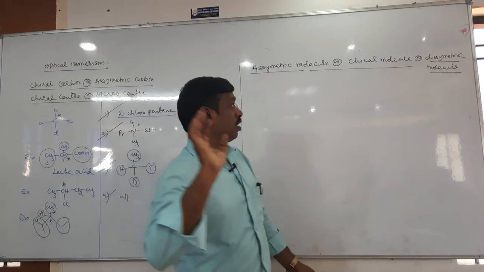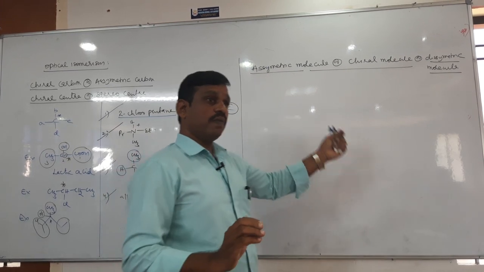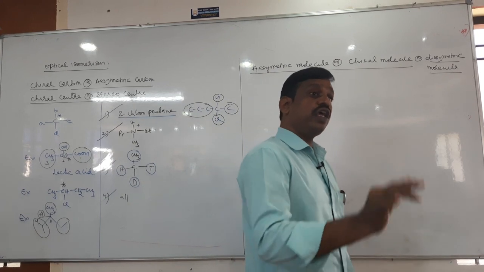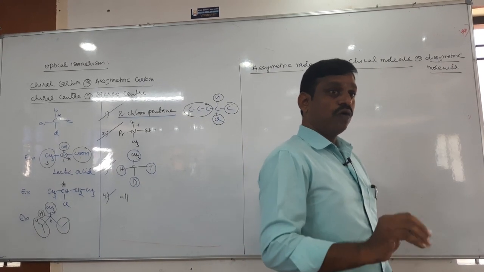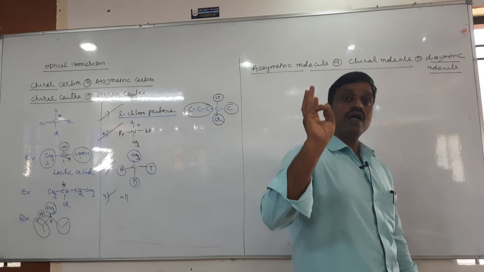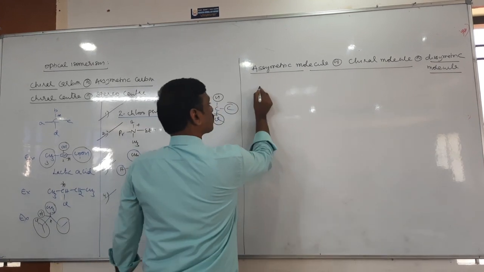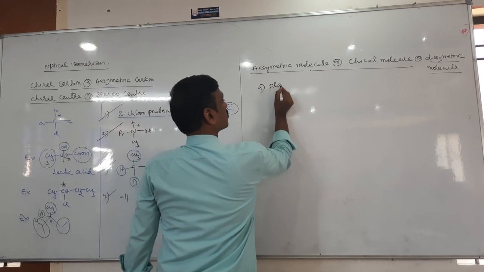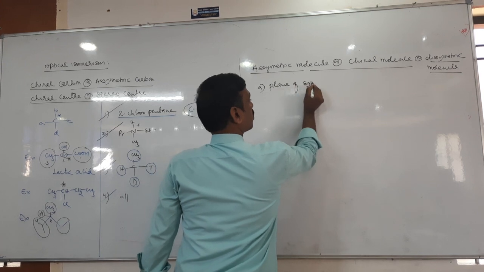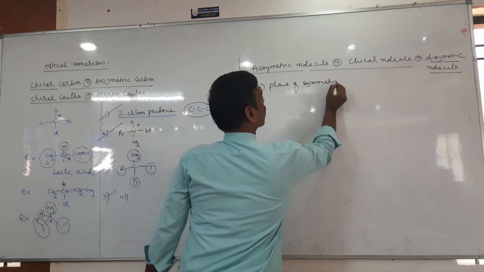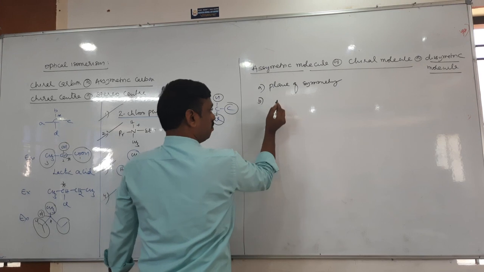So tell me now, what is a chiral molecule? The molecule which does not have 3 elements of symmetry. What are the 3 elements of symmetry? 1. Plane of symmetry. 2.